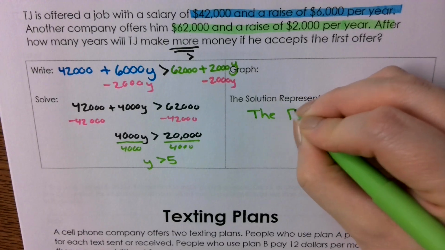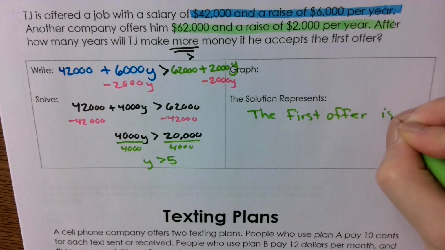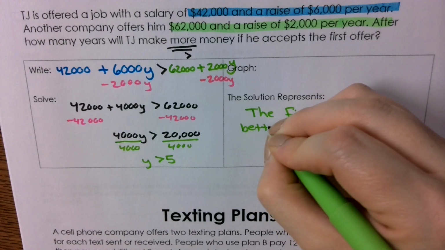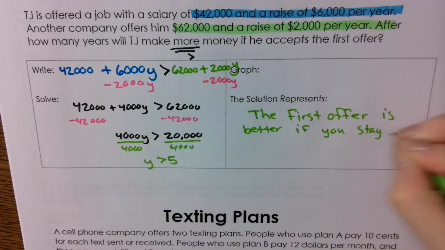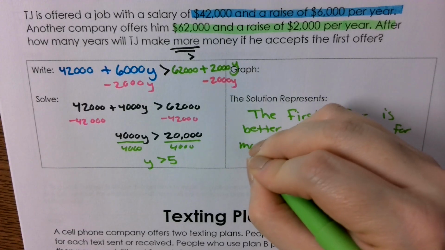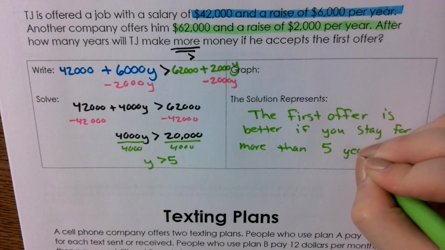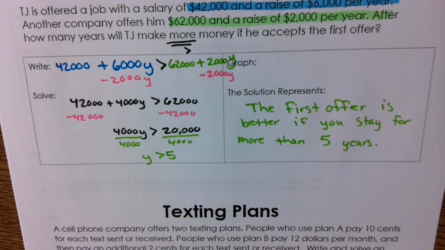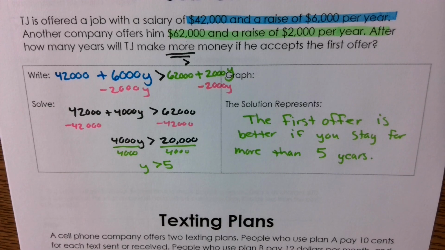The first job, or the first offer, is better if you stay for more than 5 years. If you are planning to stay longer than 5 years at your company, then it's better to go with the first job than the second job. Again, not starting off with a lot of money, but they're making a lot more with their raise.